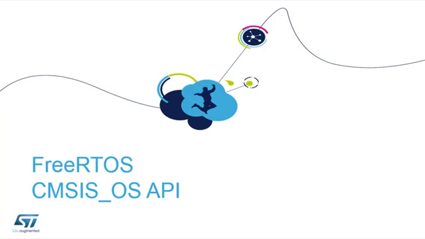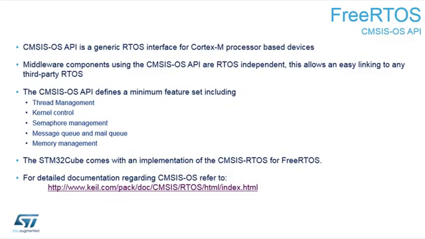First, it was implemented on top of the RTX, which is an in-house operating system created by Keil, belonging to ARM now. Then it was implemented on the FreeRTOS, and it became a de facto standard for Cortex-M based devices. It's as well very nice and easy to use.